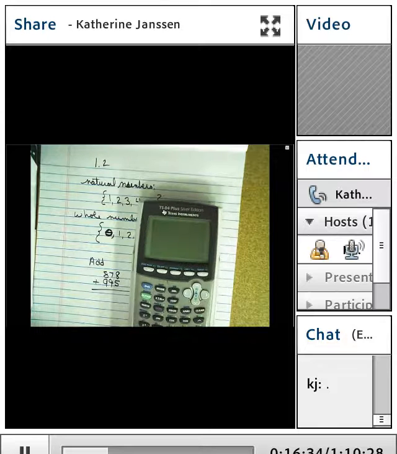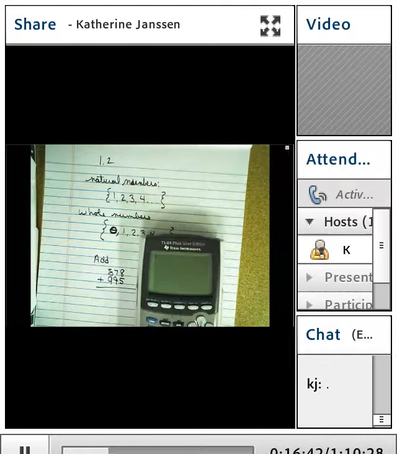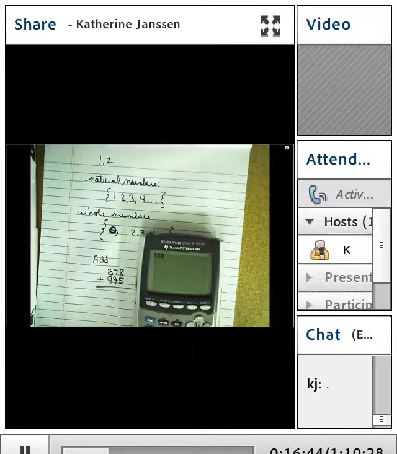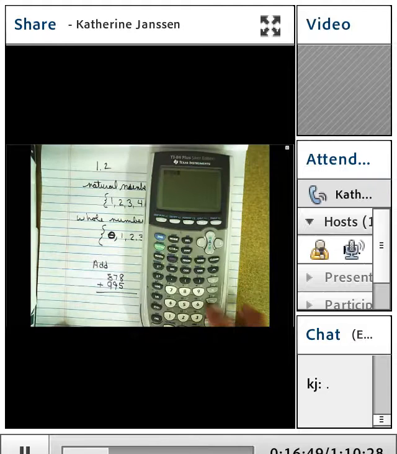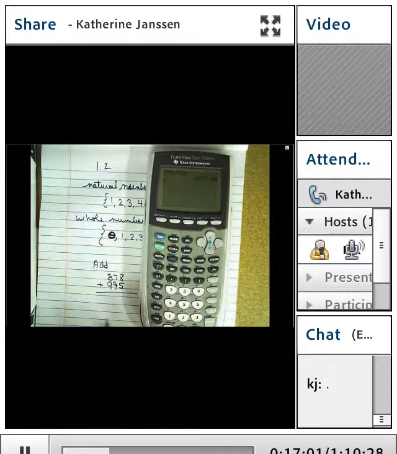I'm using a TI-85 calculator. At 878, I use my plus symbol. Find your plus symbol on your keypad. Then I type in the next number, 995, and enter. And the answer is 1,870.